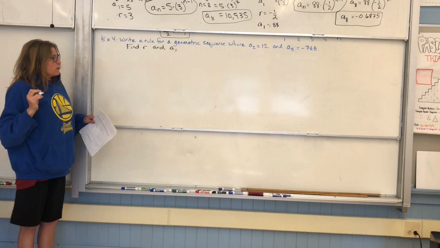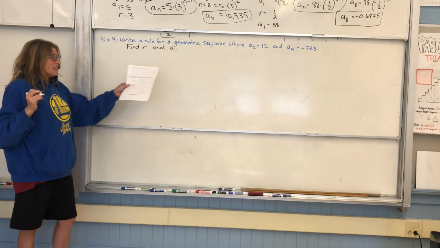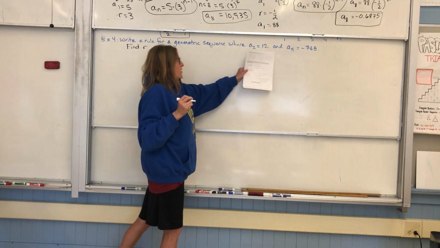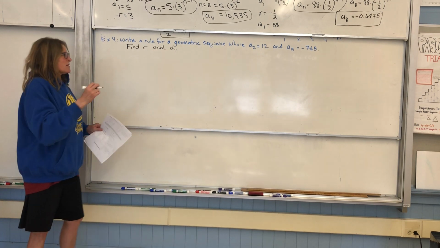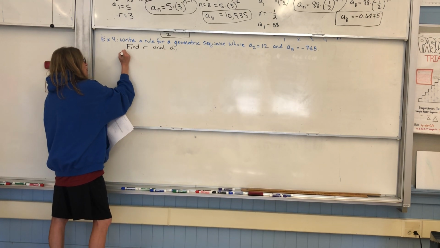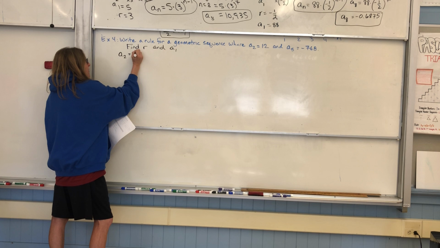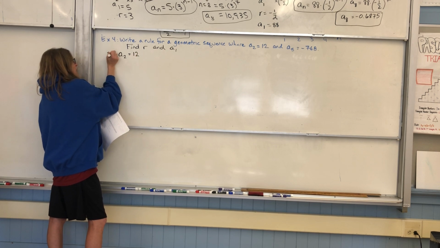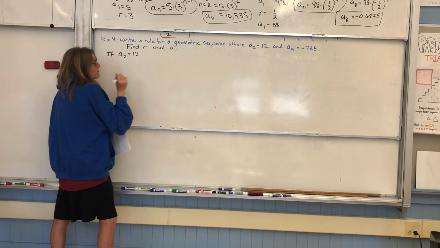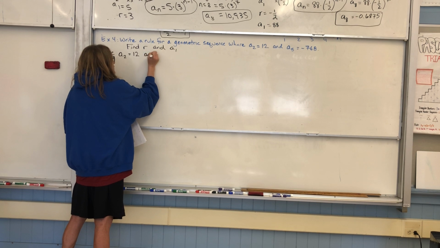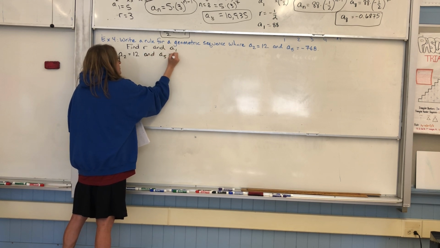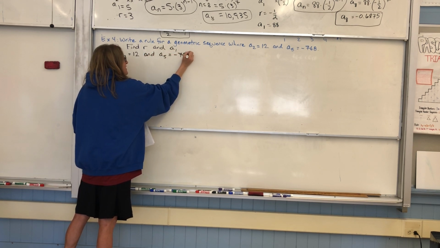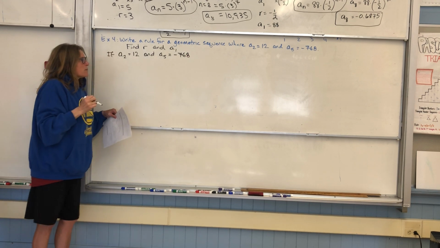Okay, so let's first focus on R. They didn't give us what R is, but let's think about this. We know that if A2 equals 12 and A5 equals negative 768, well, let's think about this here.